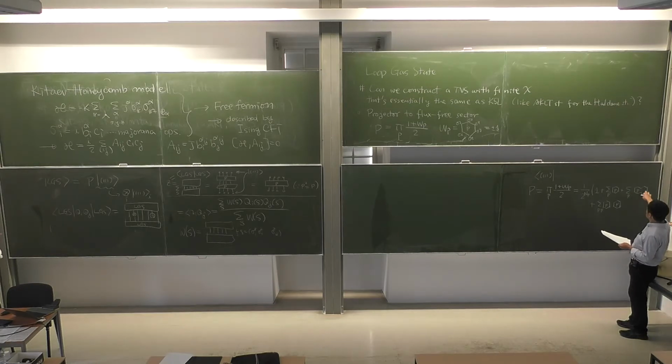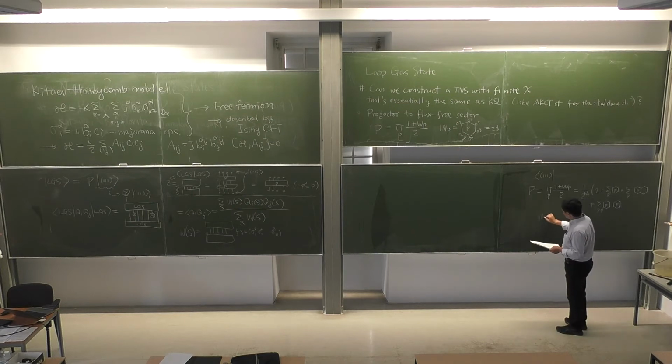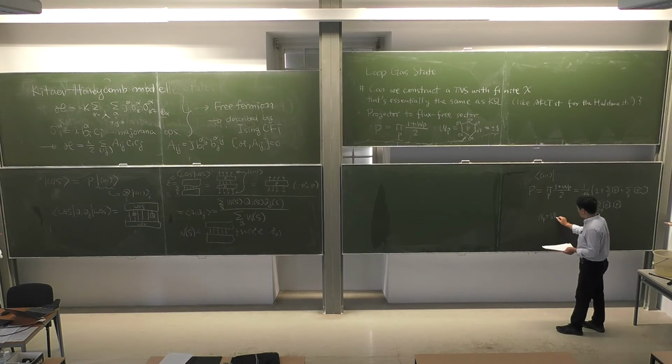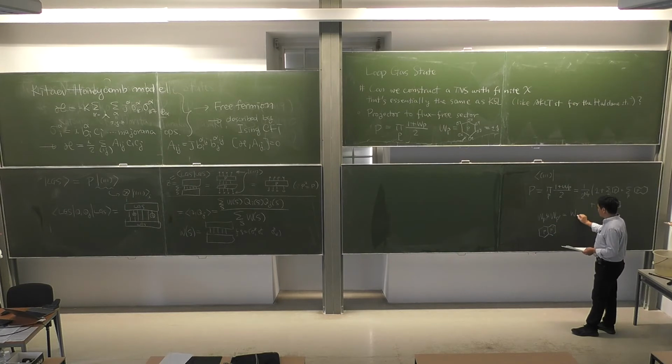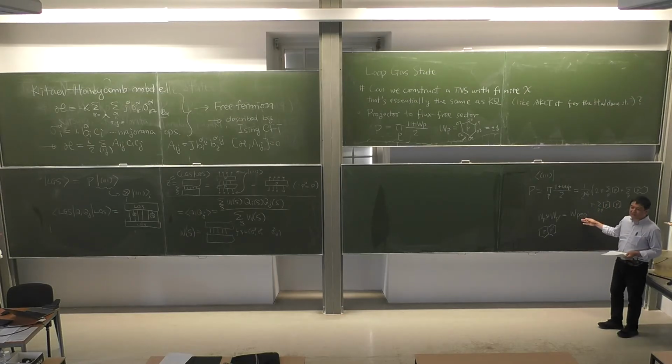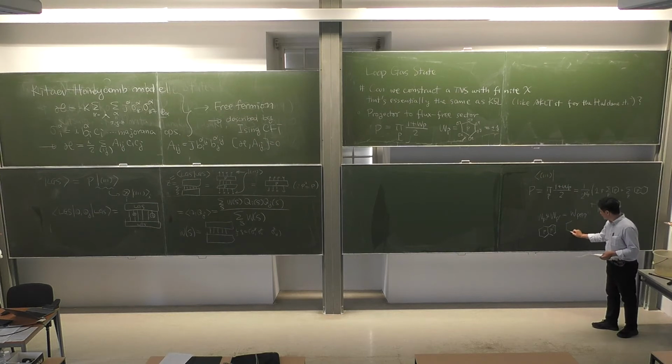And this is not a bracket anymore, but if you think about the nature of this flux operator, if 2 hexagons are sitting side by side, then the product of these 2 flux operators can be expressed as some generalization of the flux operator to the bigger loop, something like this.